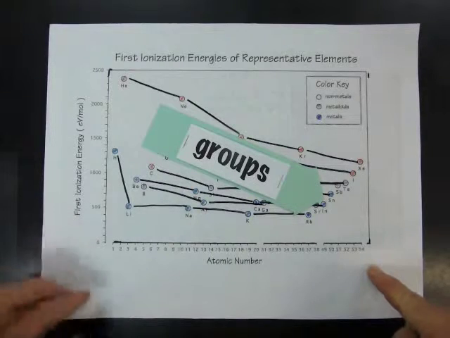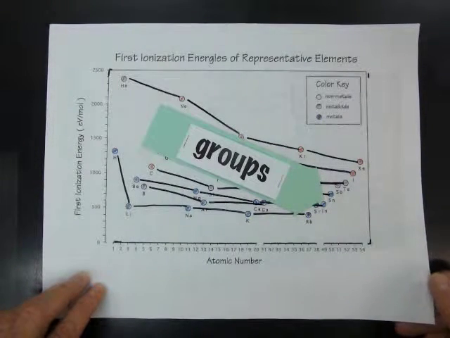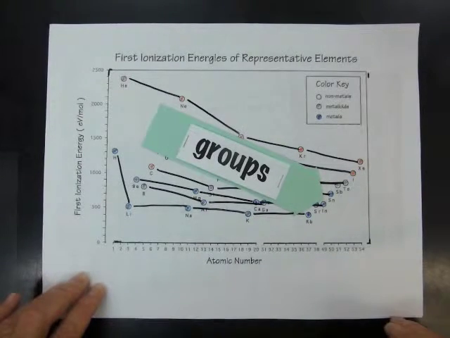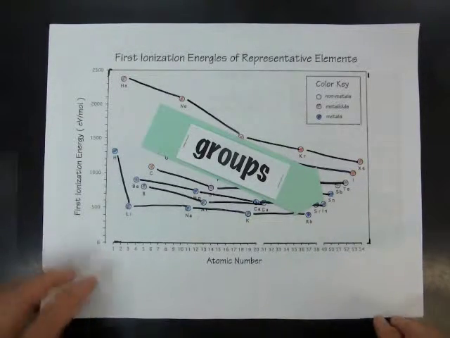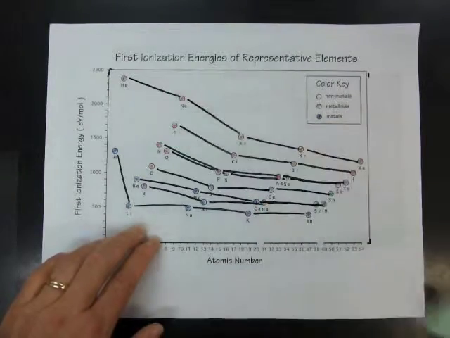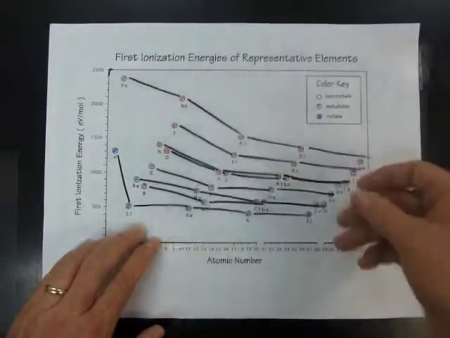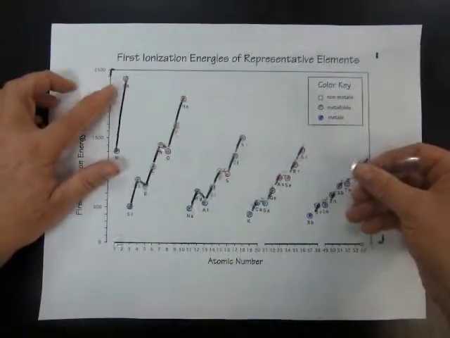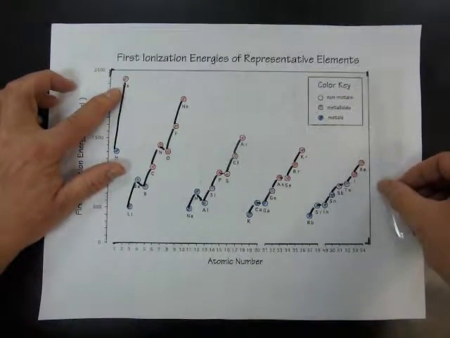That means that as you go down the periodic table in a group, there's less attraction for the outer electrons, the valence electrons. Looking at the other partner's result for elements in the same period, this is how it would look if you connected those data points.